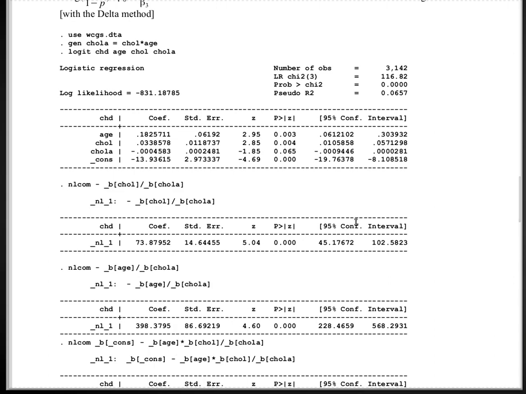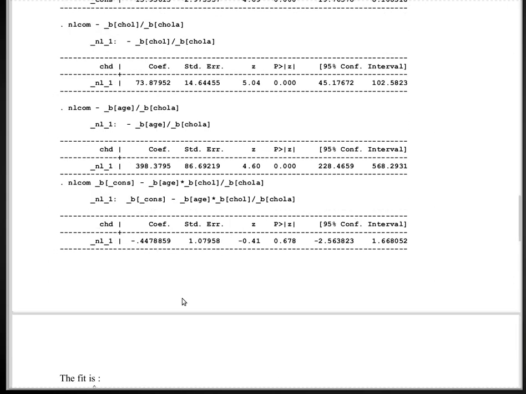And there we have the value that may be of some central interest to us, and that is the constant when the crossing is equal to minus beta 2 over beta 3 for the exposure, or for the age, or for the cholesterol value.